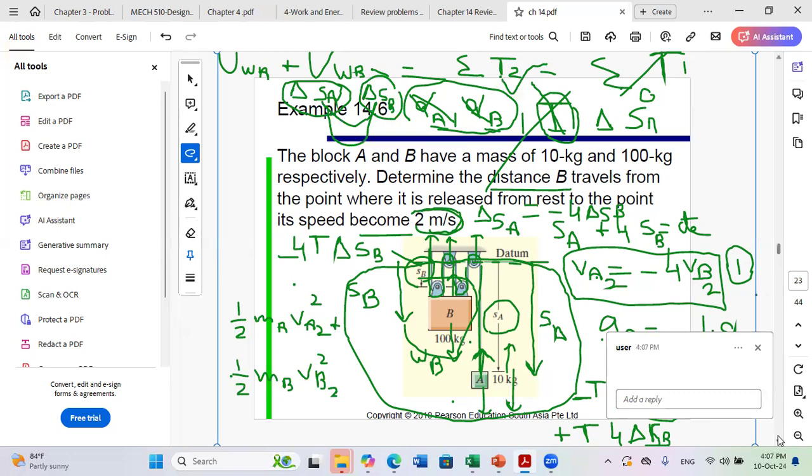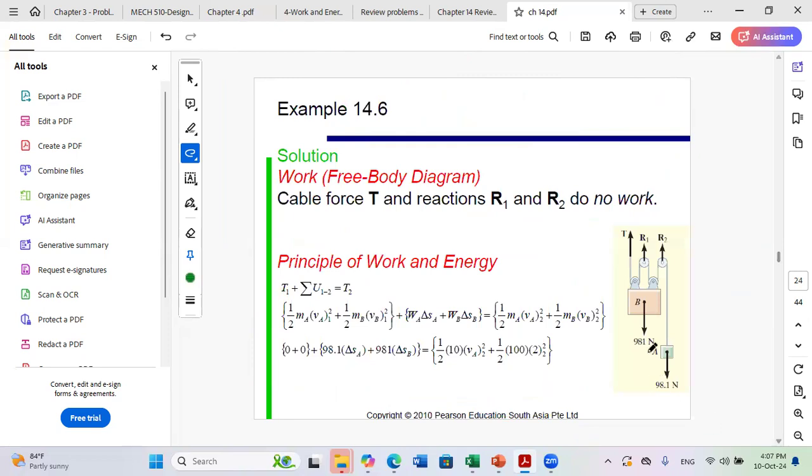The SB coordinate is downward, and we said, whenever the vertical coordinate is pointing downward, the formula for the work of weight is plus W delta Y. Here, delta Y is delta SB. So plus WB times delta SB.